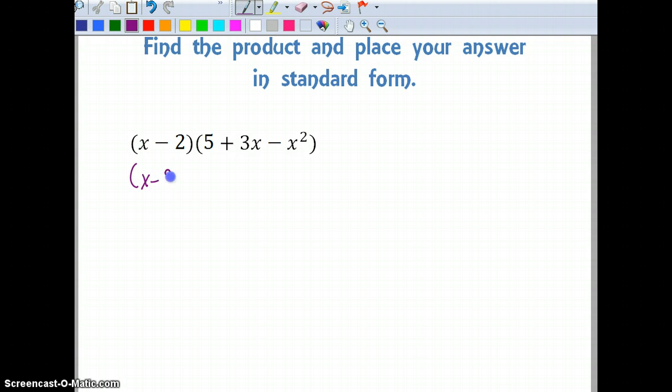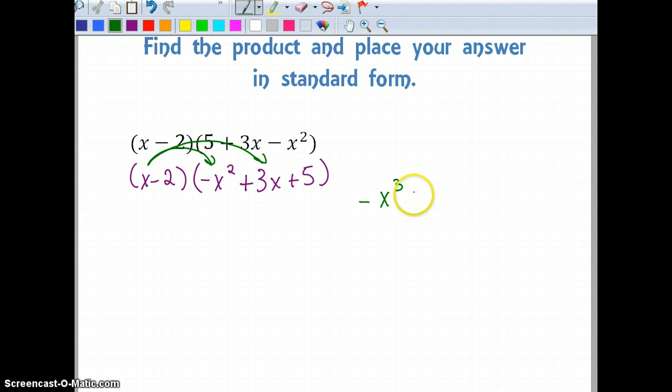So I have x minus 2 that I'm going to bring down. I'm just going to move this one around. So I'm going to have negative x squared first, plus 3x, plus 5. Now I'm going to go through and distribute. So I have x times negative x squared. It's going to give me negative x cubed.